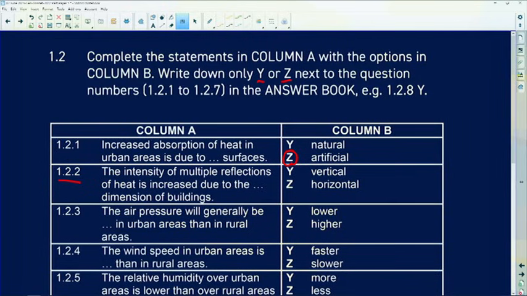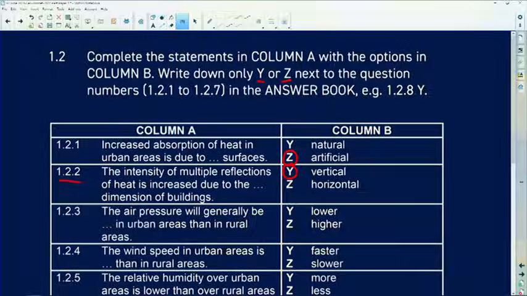And the correct answer over there is Y. Because of the reflection taking place, reflection doesn't just take place horizontally. It goes back vertically. Okay, now we're talking about glass, mirror type of buildings, reflecting the insolation that comes in.